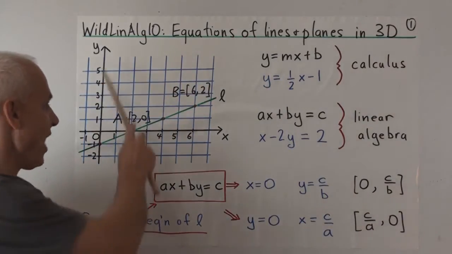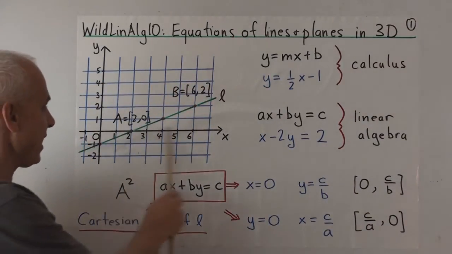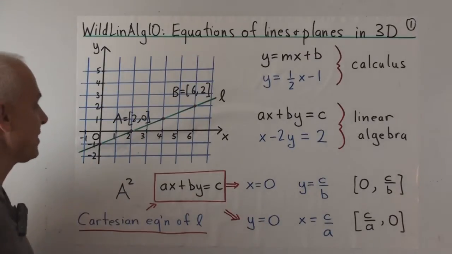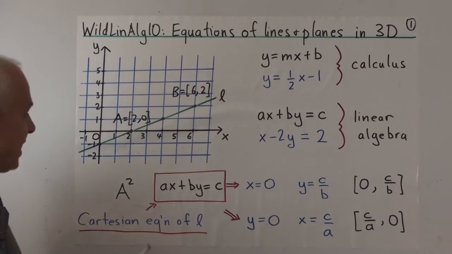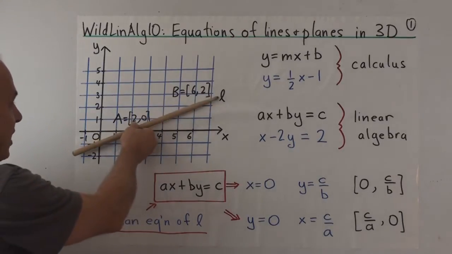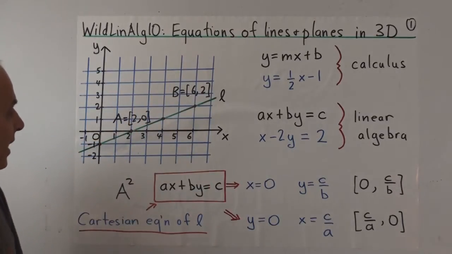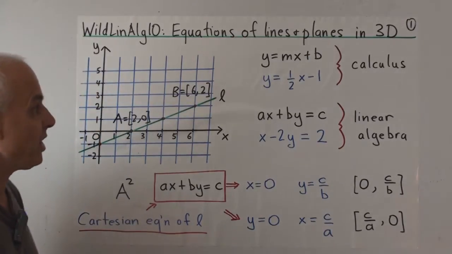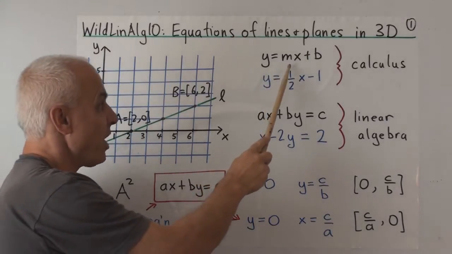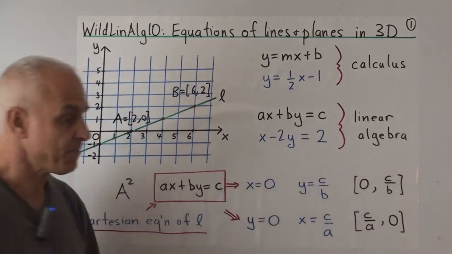Here is the usual affine grid plane with x-axis and y-axis, not necessarily perpendicular. And let's start with an example of a line. Say this green line here, line L. In ordinary high school mathematics, we learn that lines are represented by the equation y equals mx plus b.